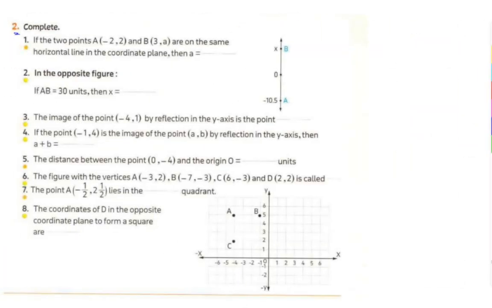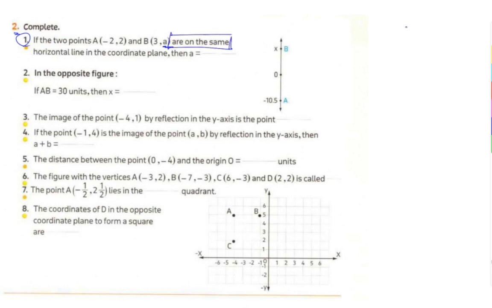Let's continue. Question number 2, complete. If we have 2 points, A(-2, 2) and B(3, a), where a is unknown, on the same horizontal line in the coordinate plane, then a equals what? So we have a condition here.